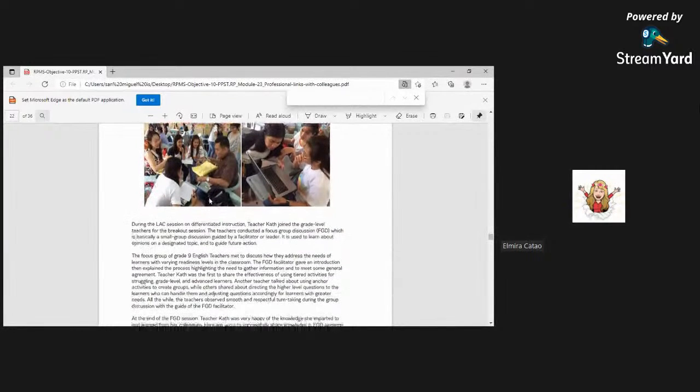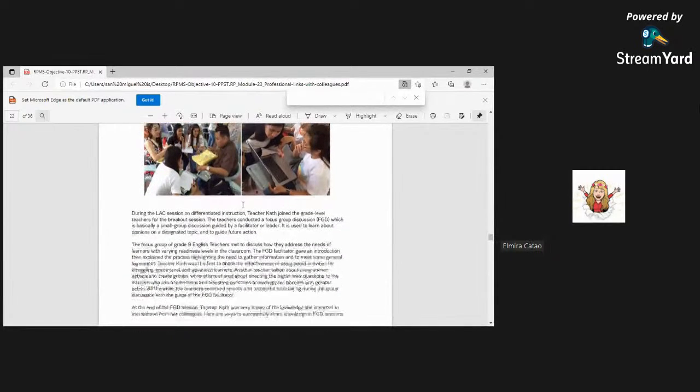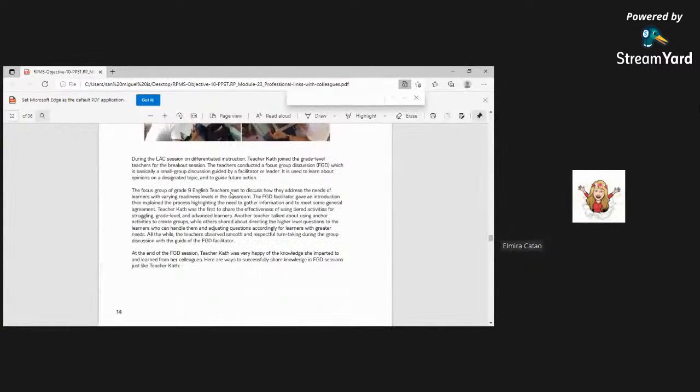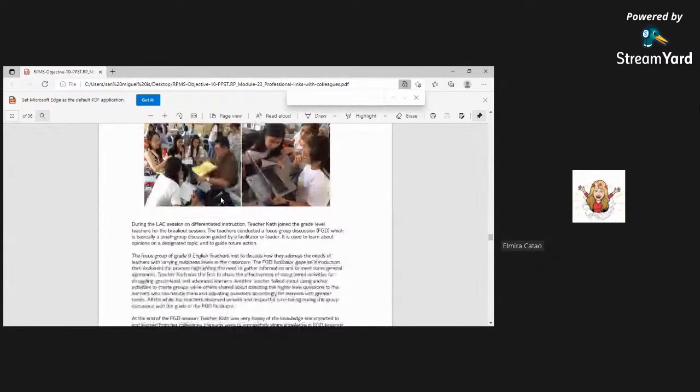Now, at the end of the FGD session, Teacher Kat was very happy of the knowledge she imparted and learned from her colleagues. So there are different ways to successfully share knowledge in FGD sessions. Okay, how to do it? There are 5 recommended steps.